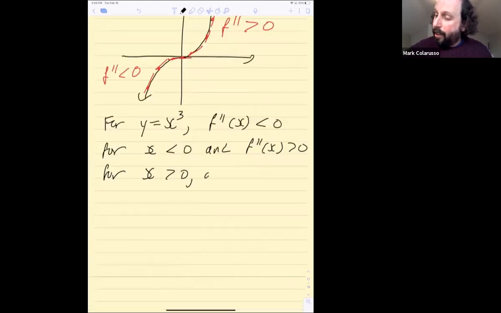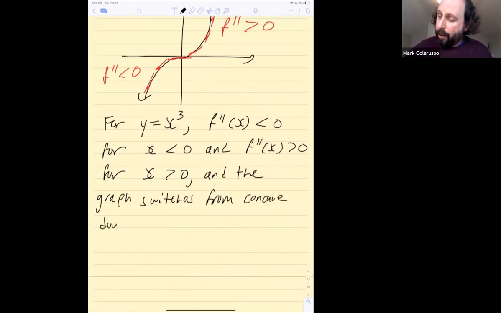And the graph changes, or switches, I should say, from concave down to concave up at x equals 0.